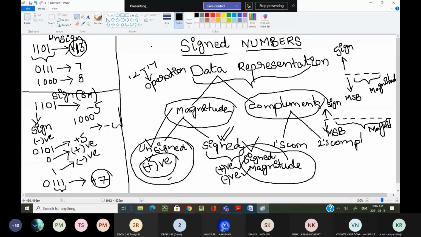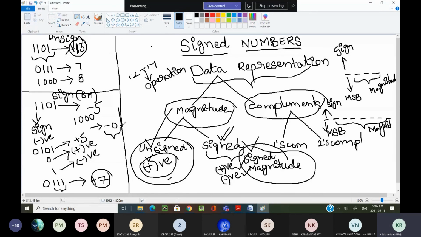Actually it is -0. If it is a signed magnitude representation, we should consider it as -0, but for 0 we are not considering whether it is a positive number or negative number. Why?